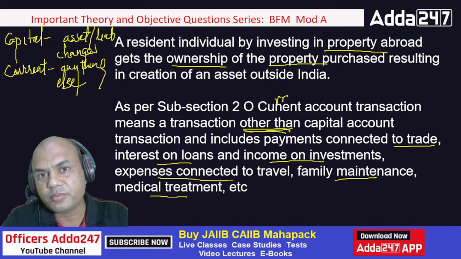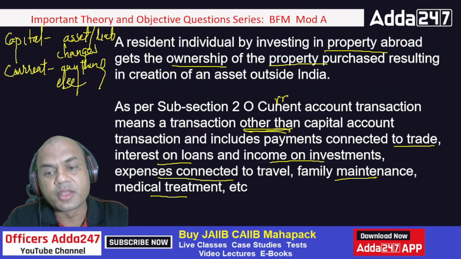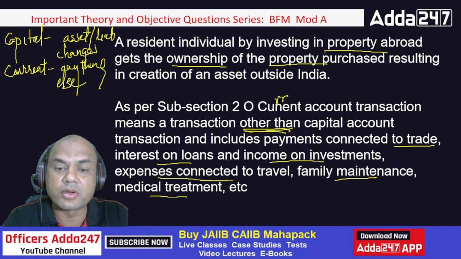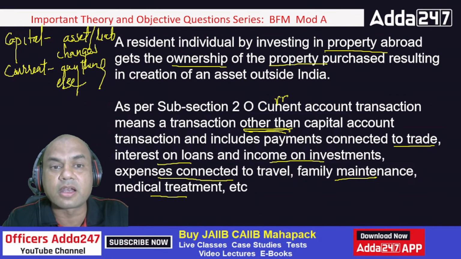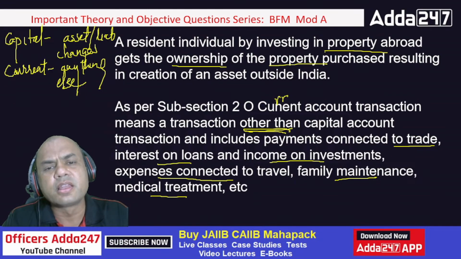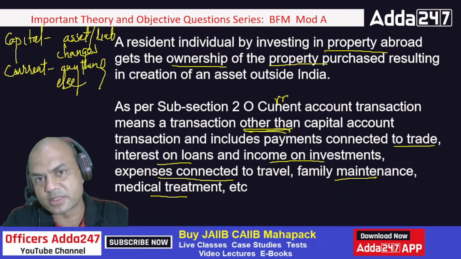Okay. So here, connected to trade, interest on loan, income on investments... Earlier there was a separate section for medical treatment with a separate amount, then family maintenance with a separate amount. RBI had given separate 7 to 8 restrictions on amounts for medical treatment, education, everything. Now what have they done? They have considered this as current account. Obviously earlier it was also current account, but now they have brought it under LRS.